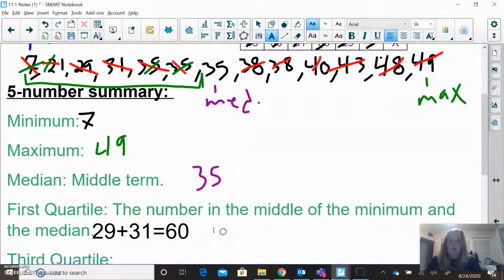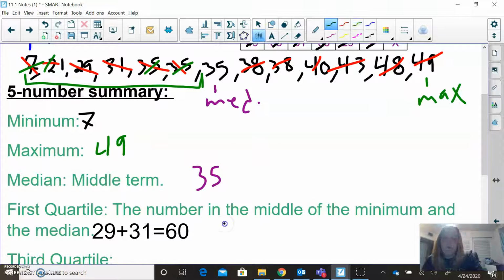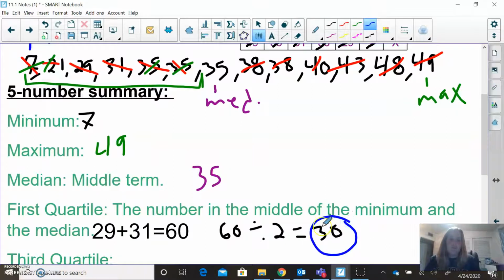Then we're going to take 60 and divide it by 2. 60 divided by 2 is 30. So our first quartile is 30.